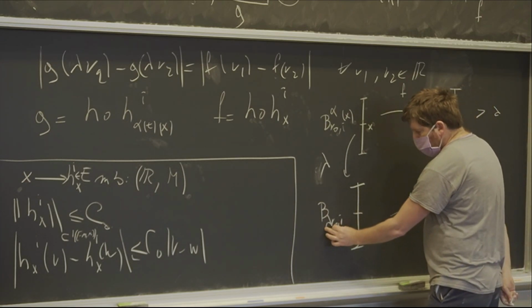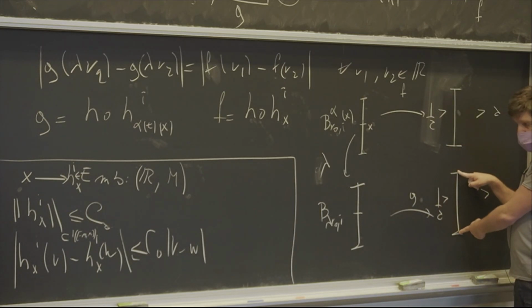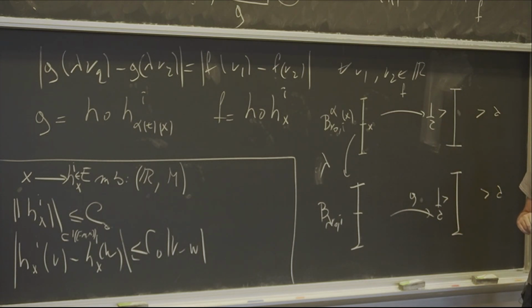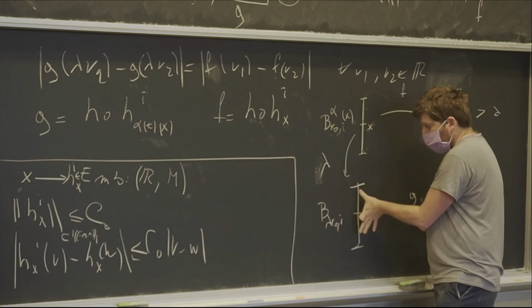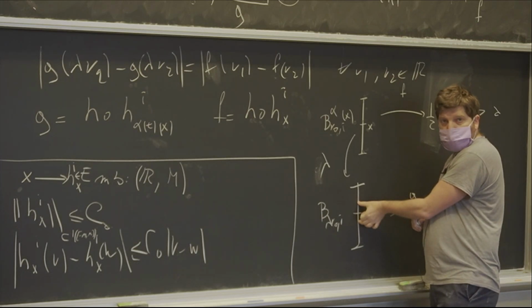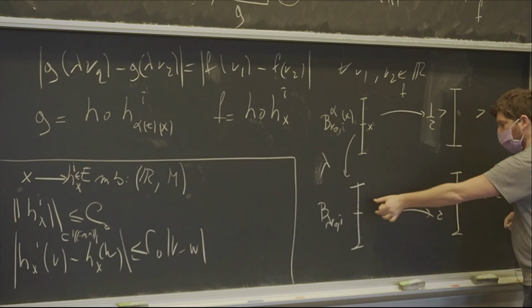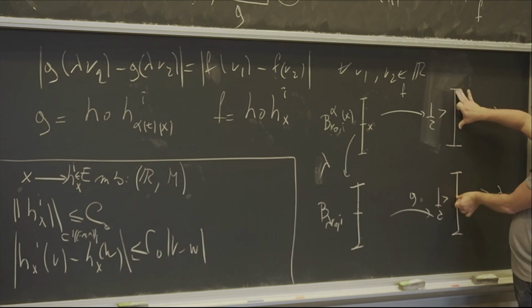Now, if this lambda were too large, this interval would have to be too large. Or if you want, let me do the easy case first, and show that lambda cannot be too small. If lambda were too small, then this interval would be too small. And if the interval is too small, then the uniform continuity will tell me that the image here is too small, contradicting that it was large here.